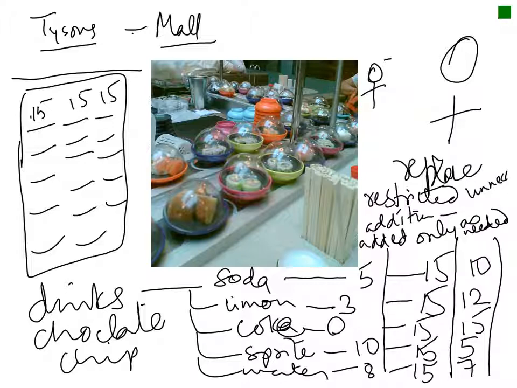As and when it moves, you can pick up whatever you want, and the lady who is watching over it will go and replace it. Another example is the vending machine.